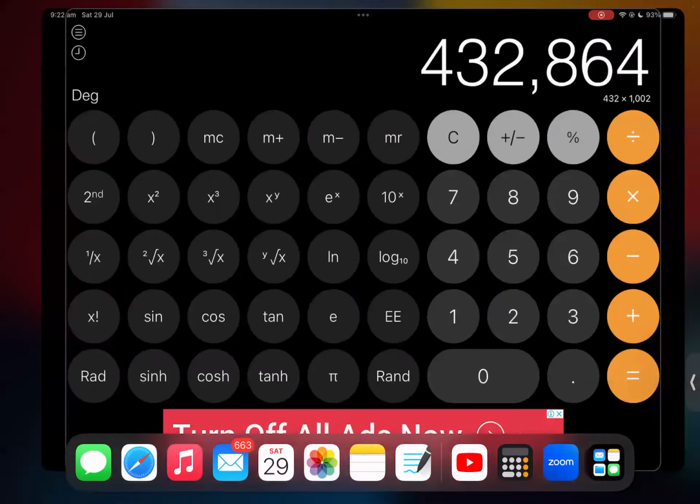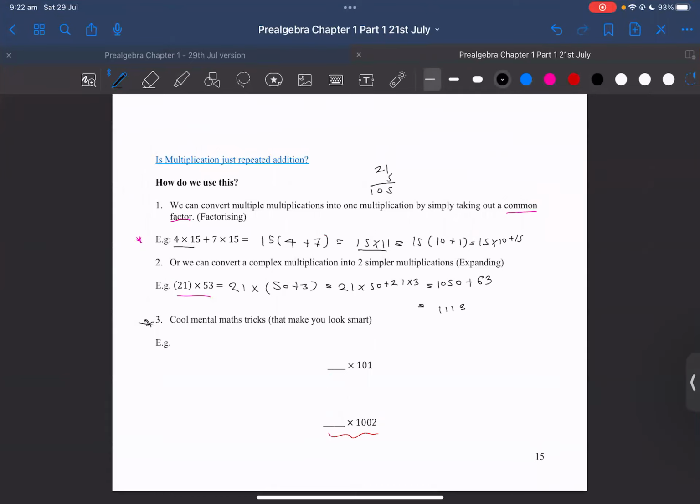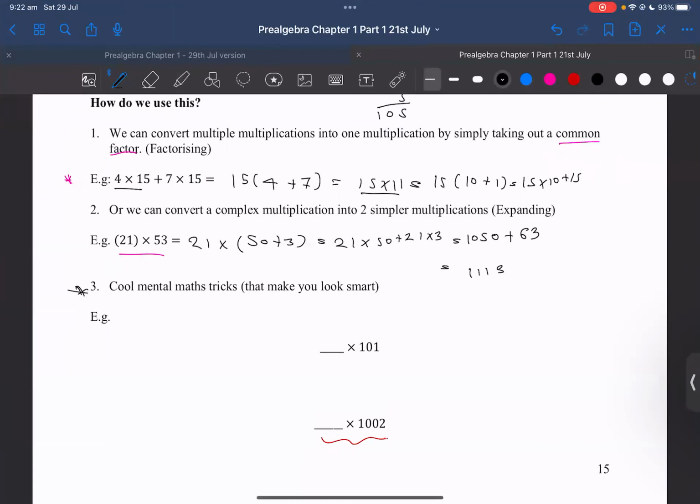So, what do you think I'm doing here? Look, when we said 93 before, we said 93 times 101. Well, all it is, is 93 times 100 plus 1. And 93 times 100 is just adding 2 zeros. That's 9,300. And then you add the 93.